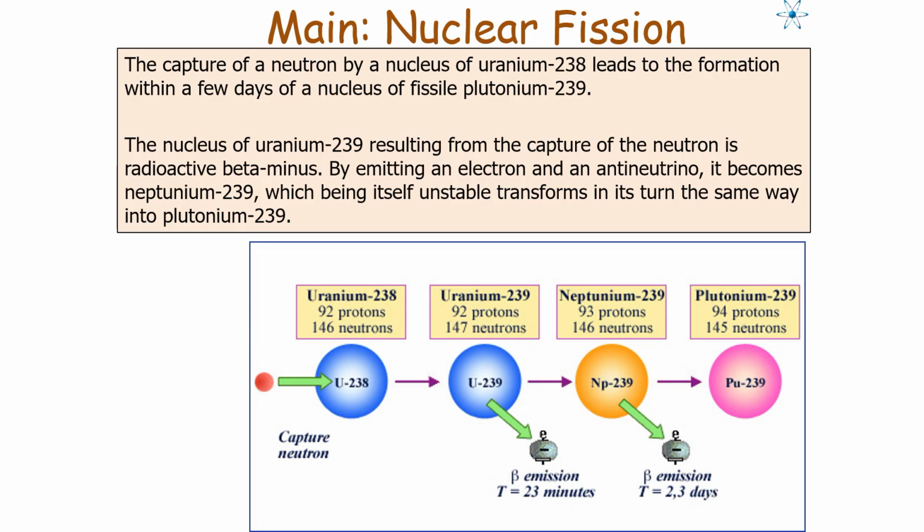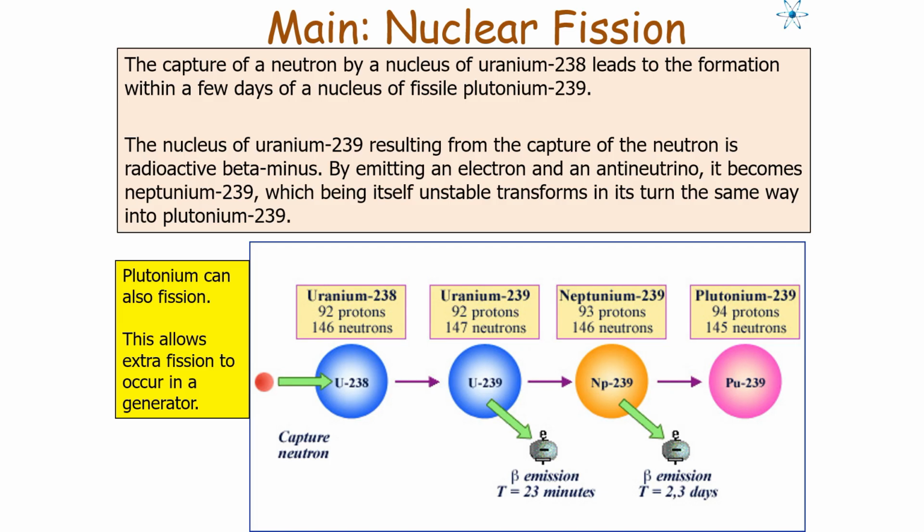The nucleus of uranium-239 resulting from the capture of a neutron is a beta minus emitter. By emitting an electron and antineutrino, it becomes neptunium, which is itself unstable and transforms in the same way to plutonium-239. Now, plutonium can also fission, and this allows extra fission to occur in your reactor.